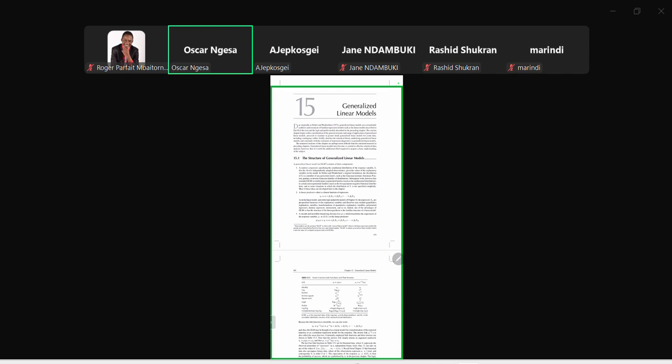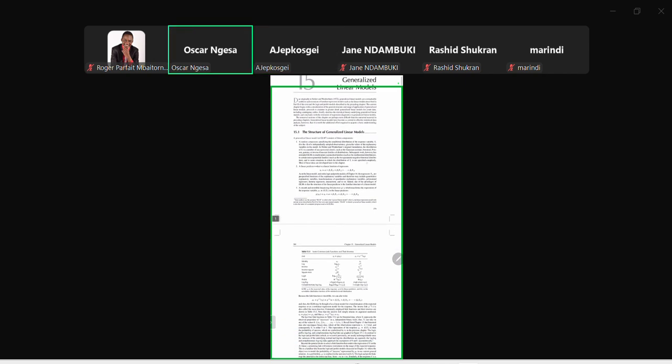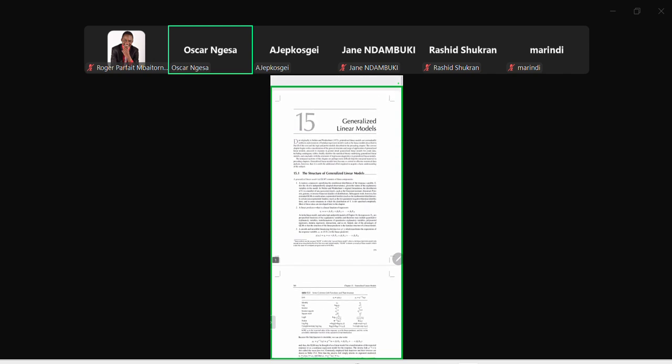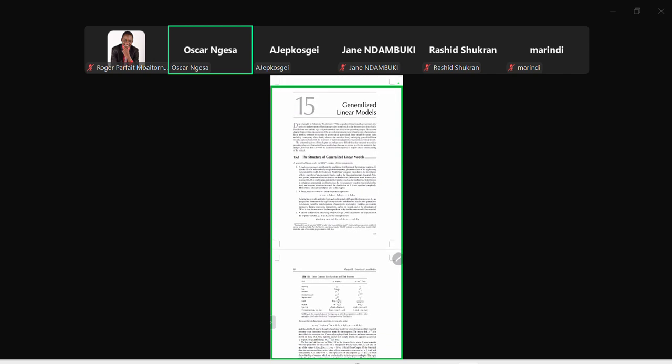Is that okay? Yes. So the generalized linear model, if you can see my screen, was introduced by Nelder and Wedderburn in 1972. Basically, they were introduced to be able to cater for cases where the dependent variable is not continuous.